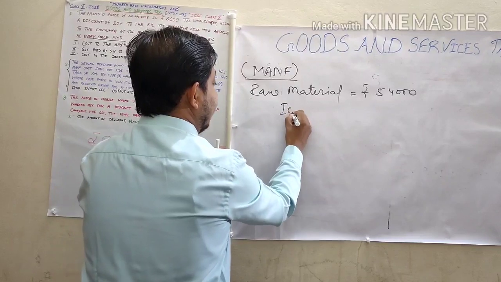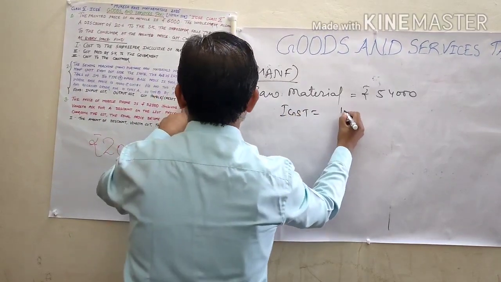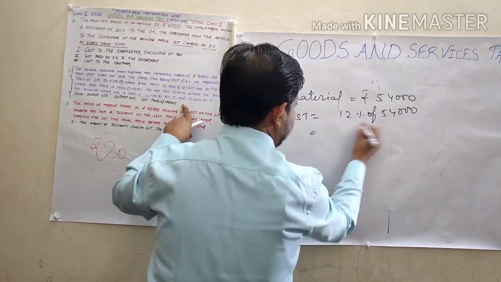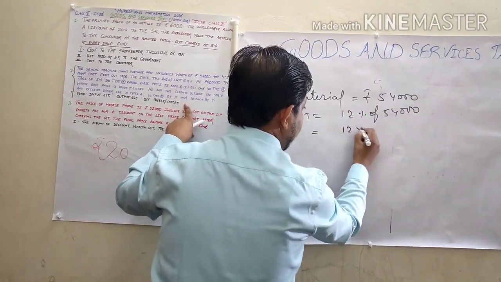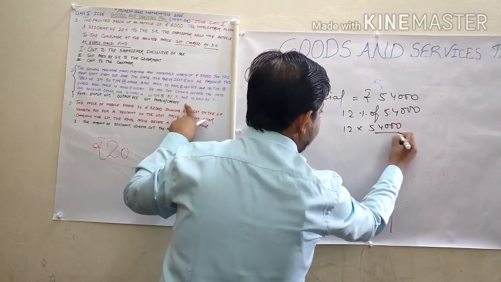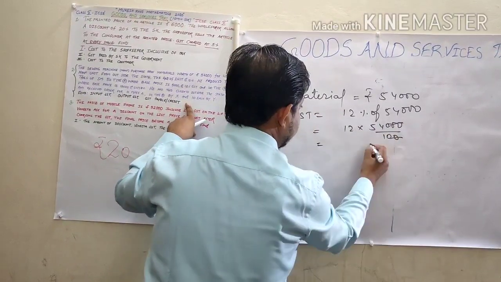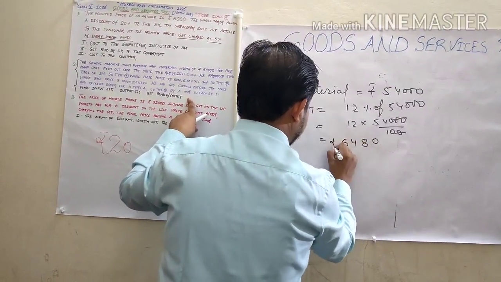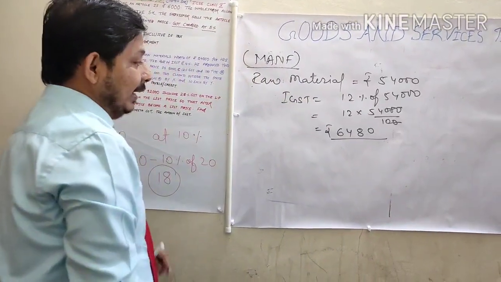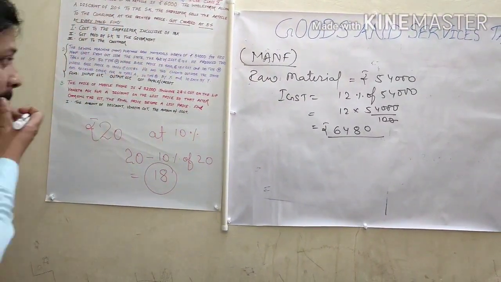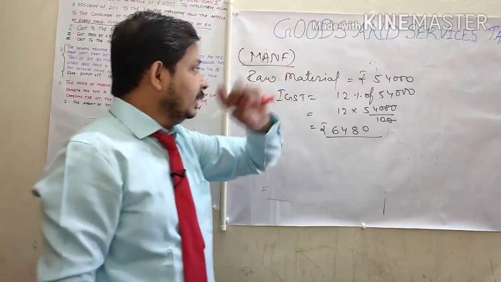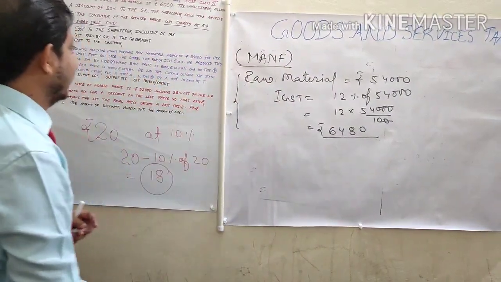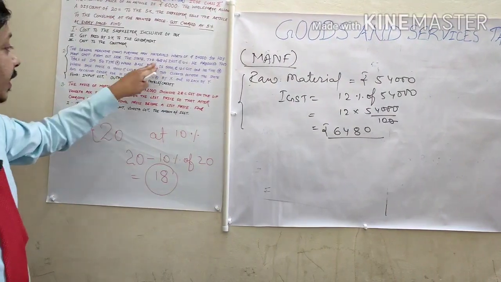So IGST 12% of 54,000, the zeros cancel. 12 times 4 is 48, 12 times 5 is 60, so 6480. Now this much amount, 6480, he is going to pay as IGST to the other state. Now this part is over. Now the second part, the rate of GST.